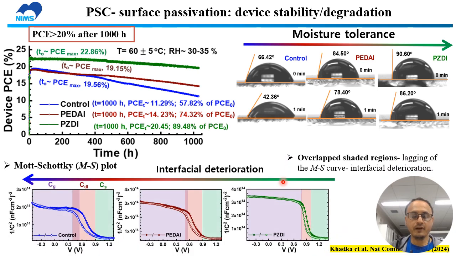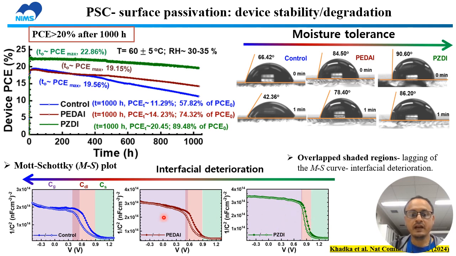Furthermore, we also compared the Mott-Schottky plot to understand the interfacial deterioration. It shows the reverse and forward scan of the Mott-Schottky plot, and it shows higher hysteresis compared to the PZDI treated film.